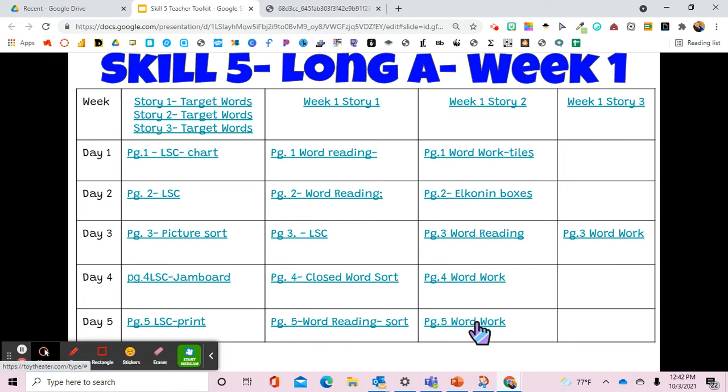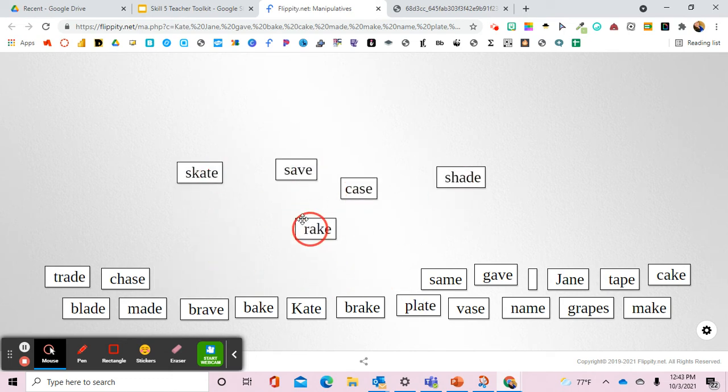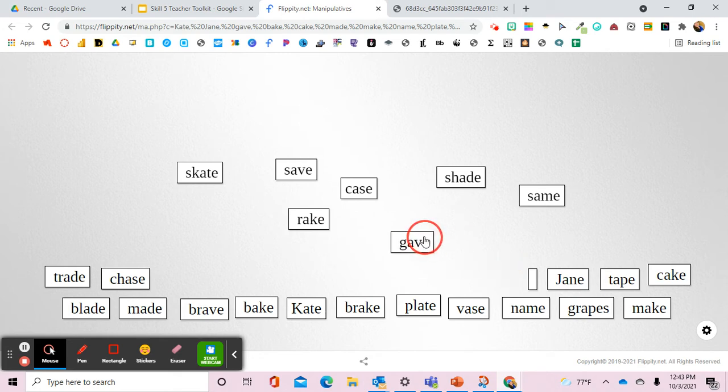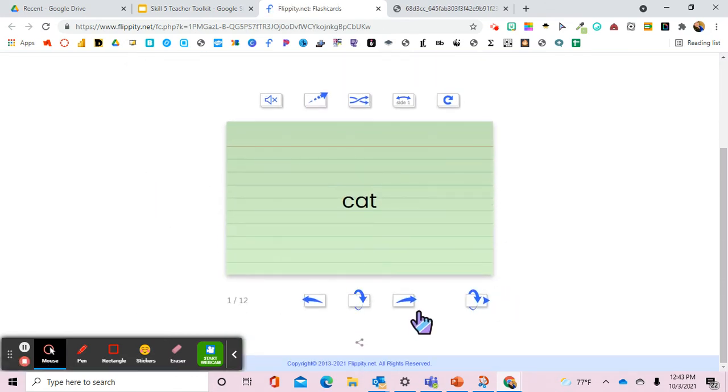The word work, this would be just word cards that they had to read, and so move them up once you're reading them, and you could double check them by telling them certain words. This is an example of the flashcards. If you just hit that, they'll go over.